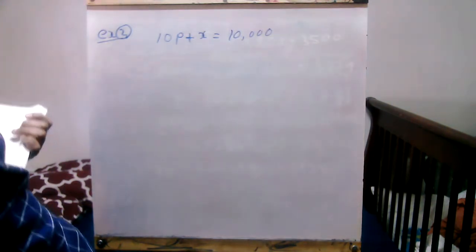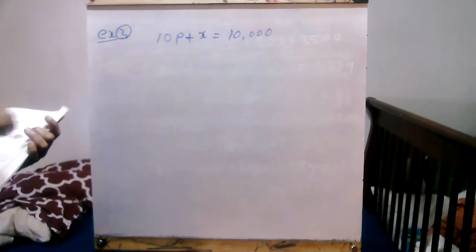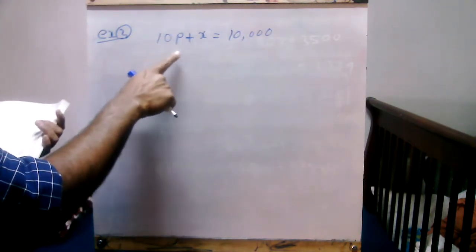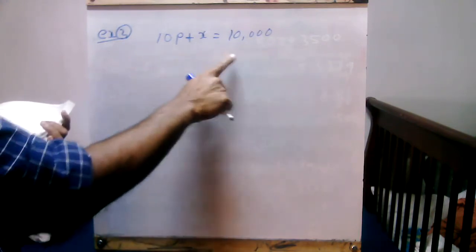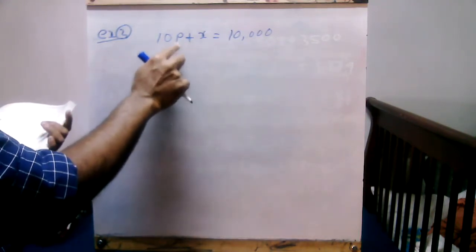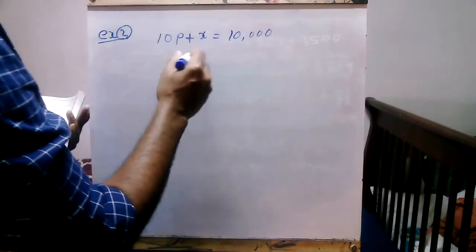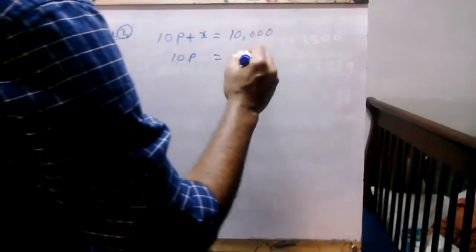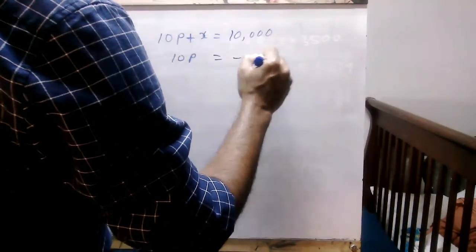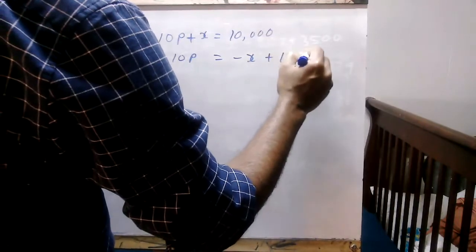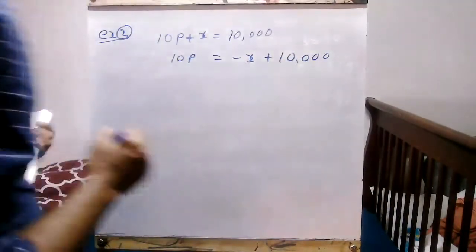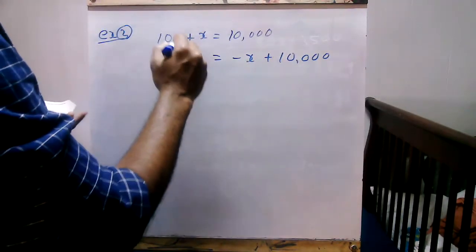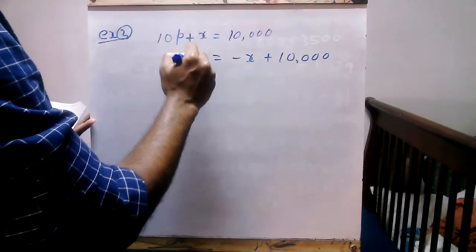Okay, once we get this, you know what we did, we write the demand function as P equal to something, meaning solve this equation for P. In doing this, we get 10P equal to negative x plus 10,000. We want to solve this for P. This is in fact simple p, price.